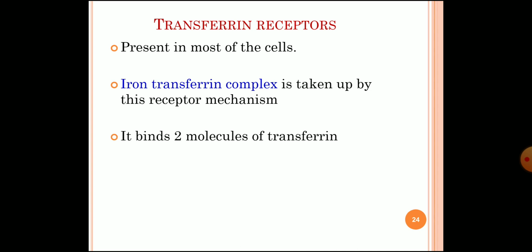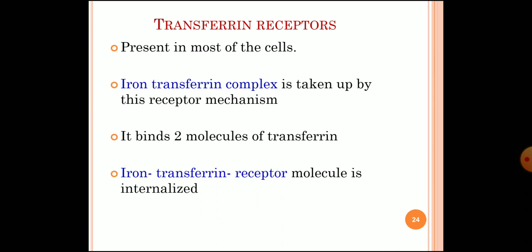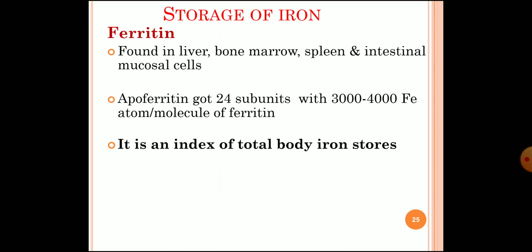It binds two molecules of transferrin, and the whole iron-transferrin receptor complex is internalized, taken into the cell, and after iron is taken, the receptors are externalized. The receptor again goes to the upper part of the membrane to take another molecule.